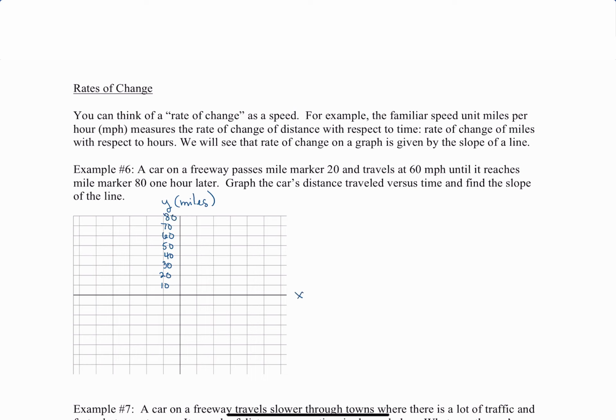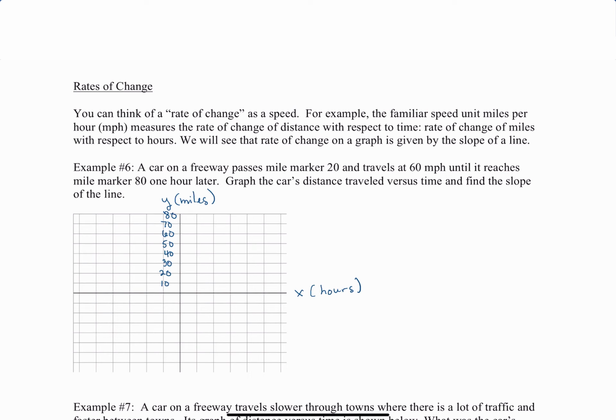And we're going to put time on the horizontal axis, and we're measuring that in hours. And I'm going to put the 1 hour mark over here on the right. Notice that's the sixth mark. 1, 2, 3, 4, 5, 6. So that means that each of these marks is a sixth of an hour. In other words, 10 minutes.